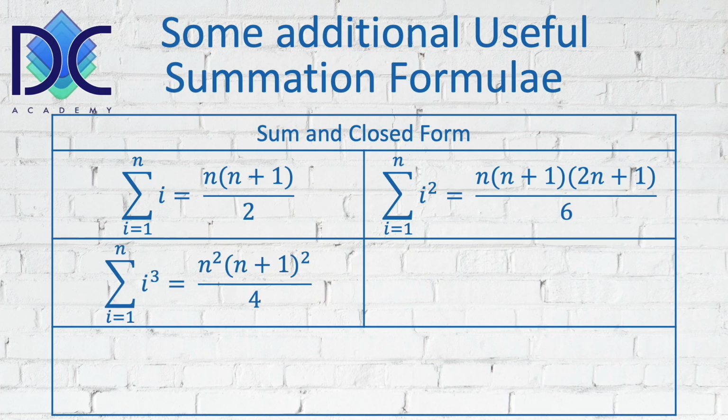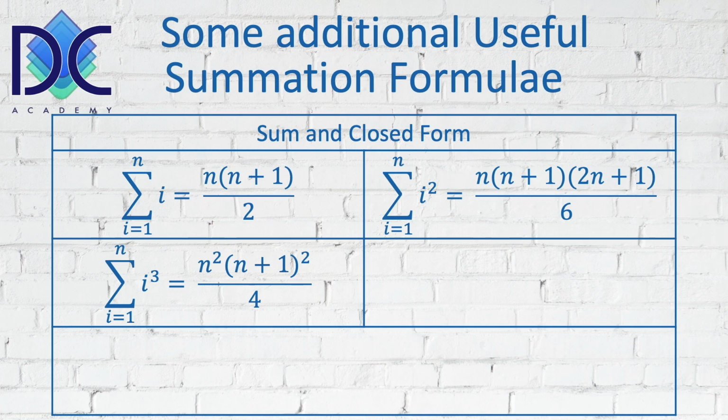And finally, we have a third power. We have n squared times n plus 1 squared divided by 4, which is the sum of the third power of i, for i going from 1 till n.